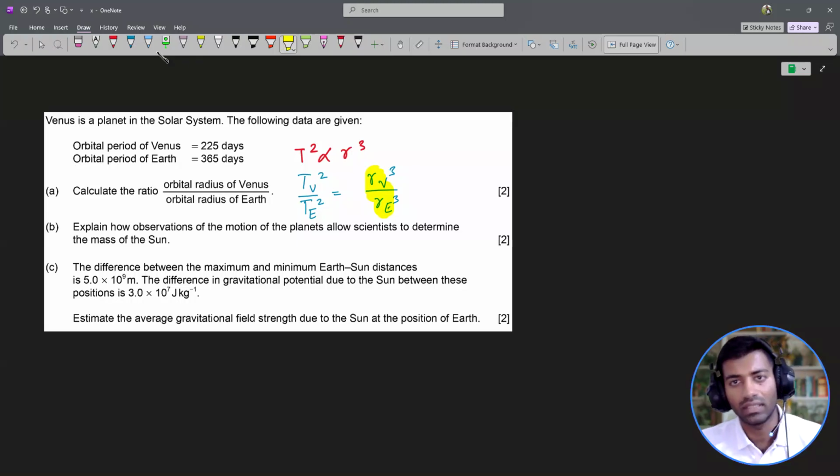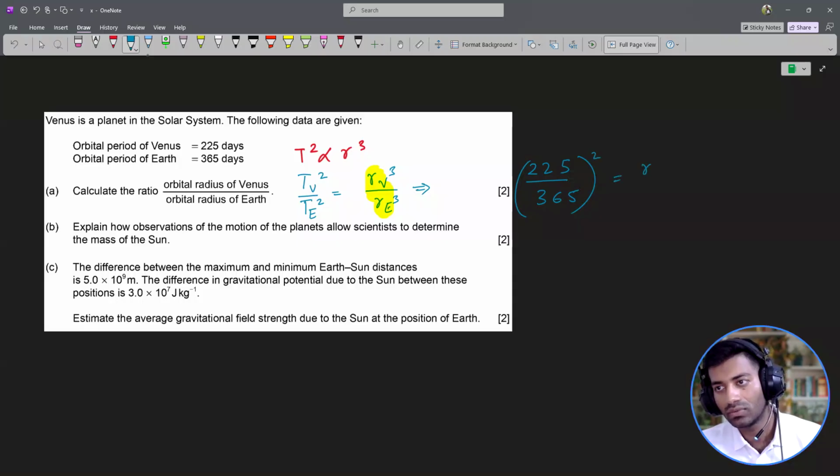So I can write this as 225 over 365, squared, equals rv over re, cubed. If you take the cube root on both sides, you end up with the number on the right side raised to the power 2 by 3. And this value is all we need to calculate.